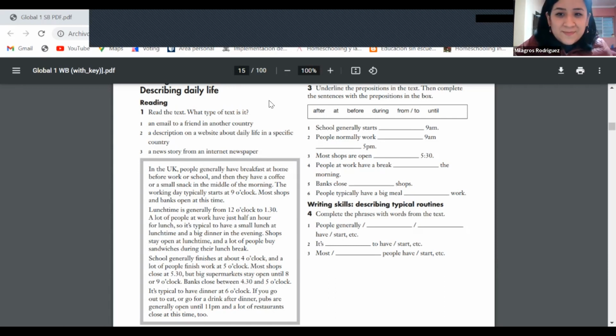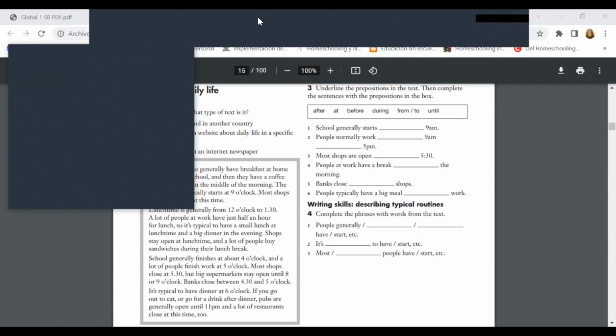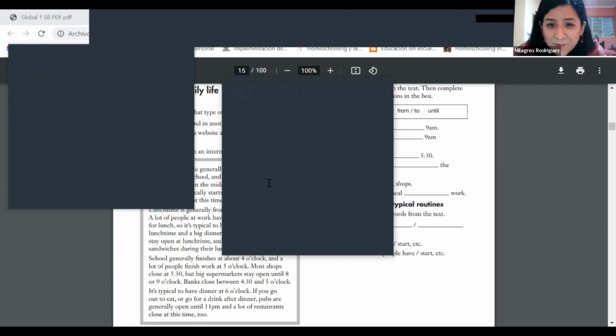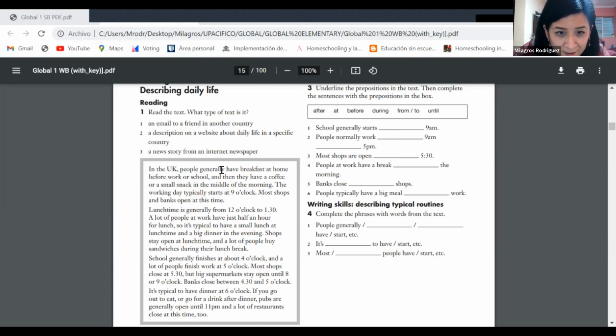Number 1, who can read? Class. Isabel, read number 1, please. Maybe it's before. A ver, school generally starts before 9 a.m. Vamos a ver, ¿ya?